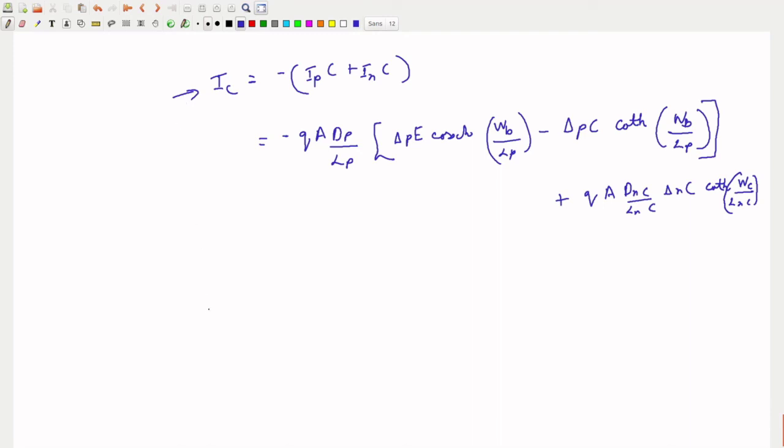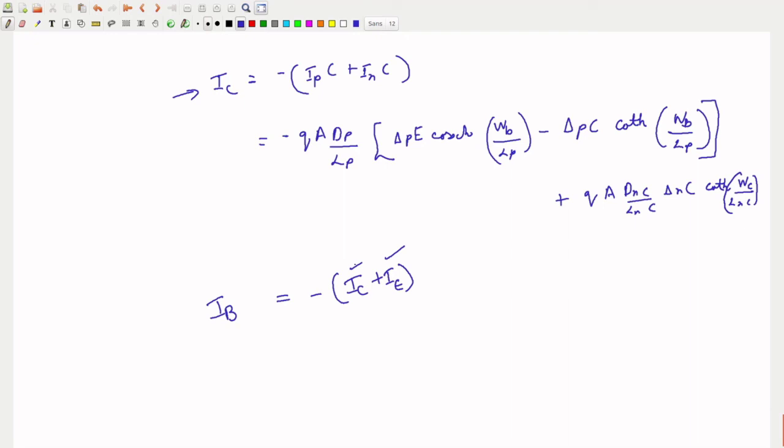Now the remaining terminal current is IB, which is equal to minus of IC plus IE. We already know IE and IC.